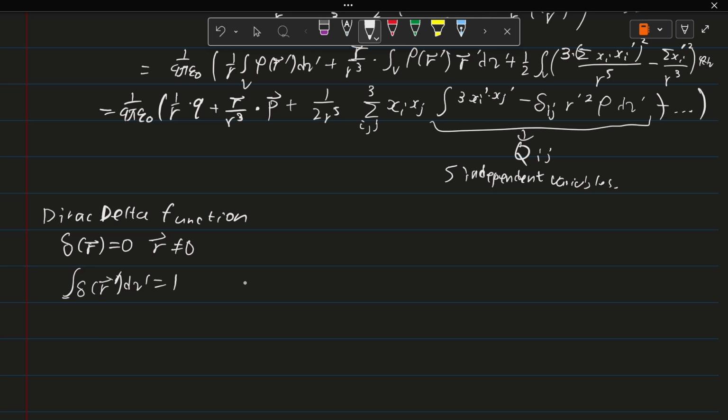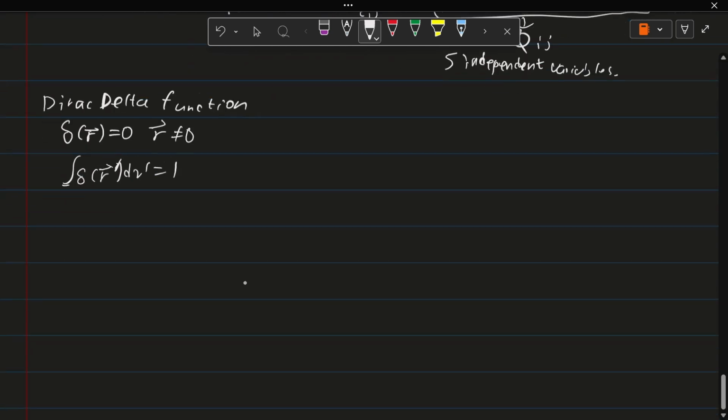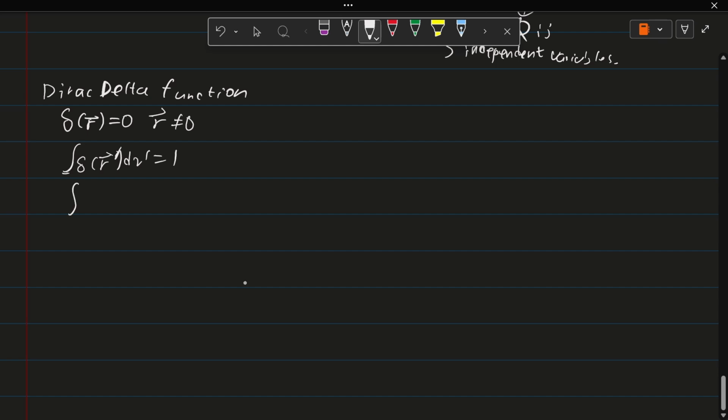And this gives you a certain property of this Dirac delta function, that if you do the Dirac delta times any type of function, integrated over dv prime, this would be just the function in itself. So it's pretty much just giving you the value at a particular point.